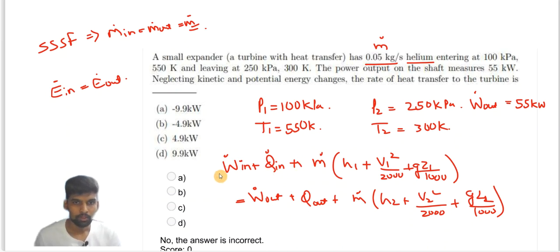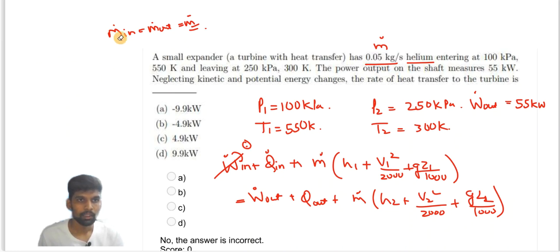Okay, so work input is 0 because nothing is mentioned about it. And since they haven't mentioned whether heat is coming in or leaving the expander, we will talk about net heat transfer. Also the changes in kinetic and potential energy are 0. That is, V1 square minus V2 square is nearly equal to 0, and gZ1 minus gZ2 is nearly equal to 0.